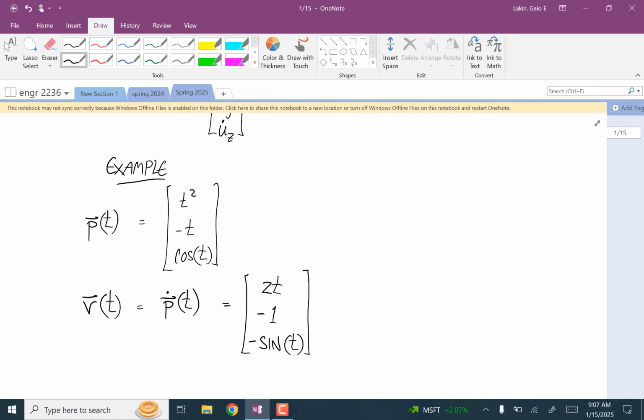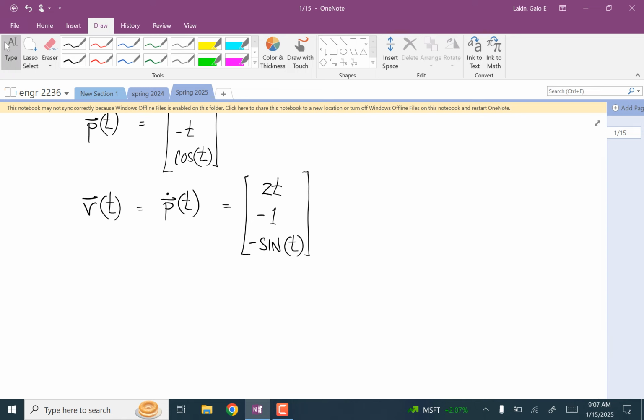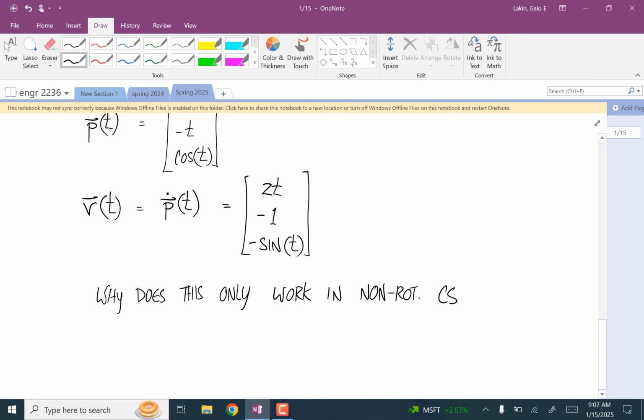Okay, why does this only work in non-rotating coordinate systems? I mean, it's mathematically so simple to take these derivatives. Why does this only work in non-rotating coordinate systems?